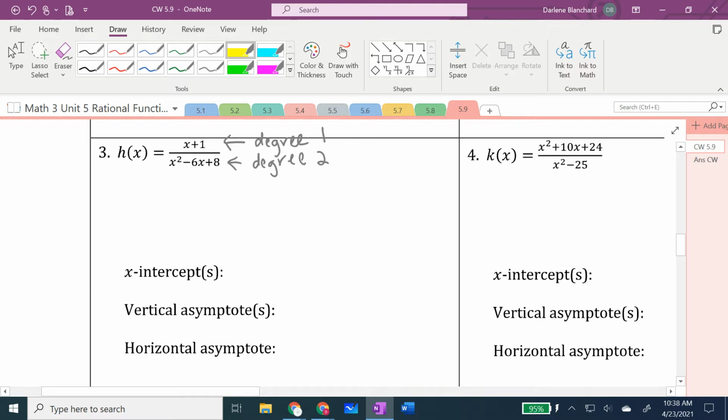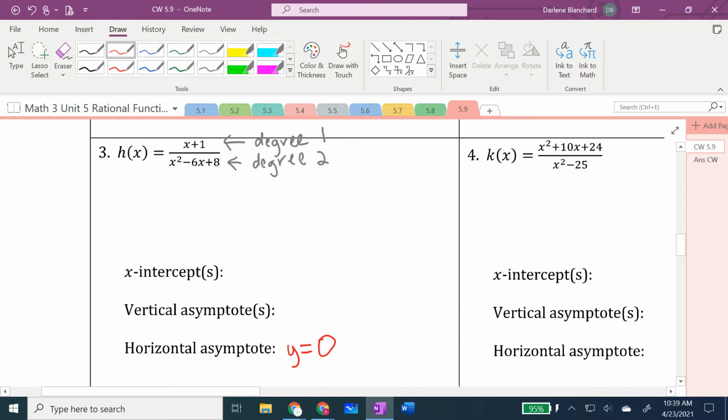So what does this mean about my horizontal asymptote? What is my horizontal asymptote? You can just type it in. What is my horizontal asymptote? 0, yes.